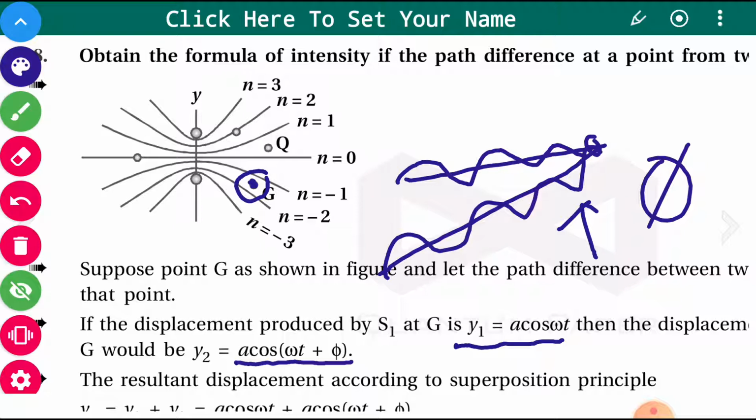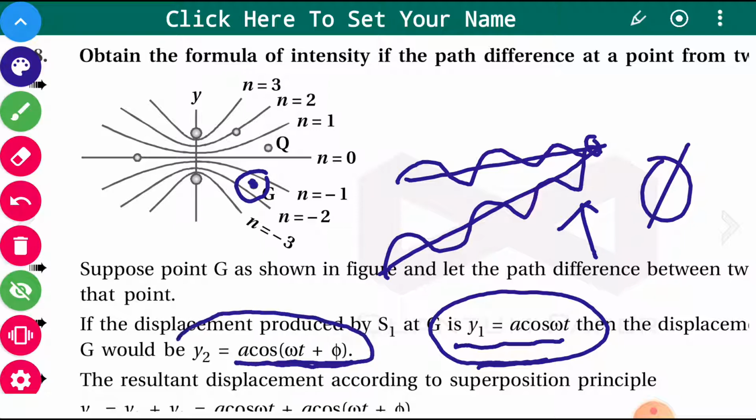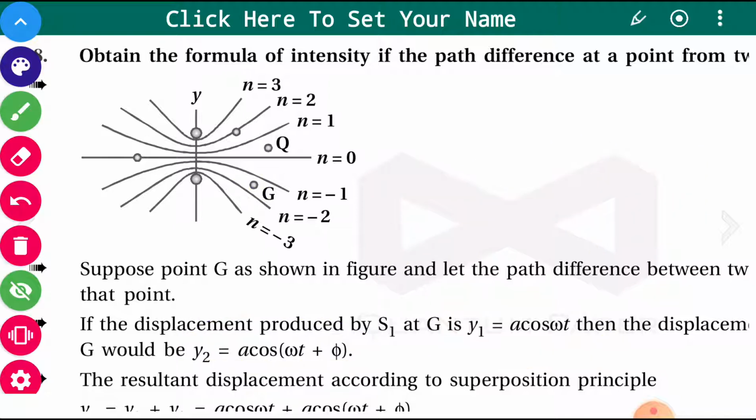So we consider the first wave as y1 is equal to a cos omega t, then the second wave reaching here has the wave equation y2 is equal to a cos (omega t plus phi). So these are the two wave equations.